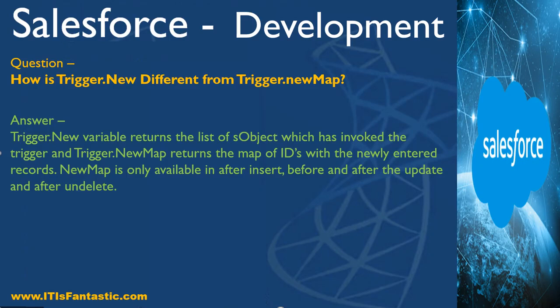Trigger.new variable returns the list of objects which has invoked the trigger, and Trigger.newMap returns the map of IDs with the newly entered records. newMap is only available in after insert, before and after update, and after undelete.